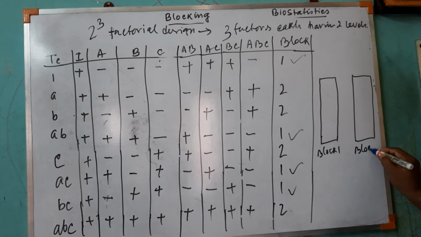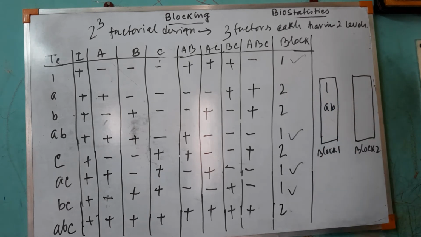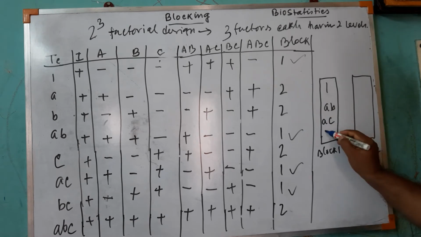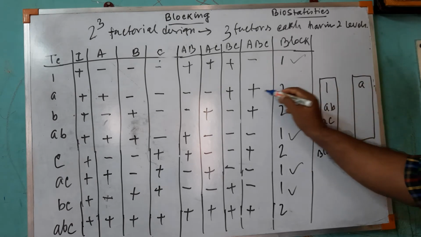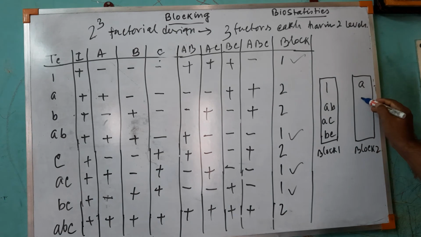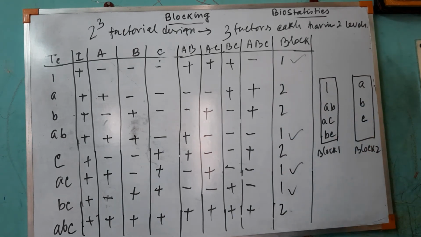Block 1, how many? 1 first, then AB, then AC, then BC. And block 2, that means A, this is B, then this is C, then ABC.